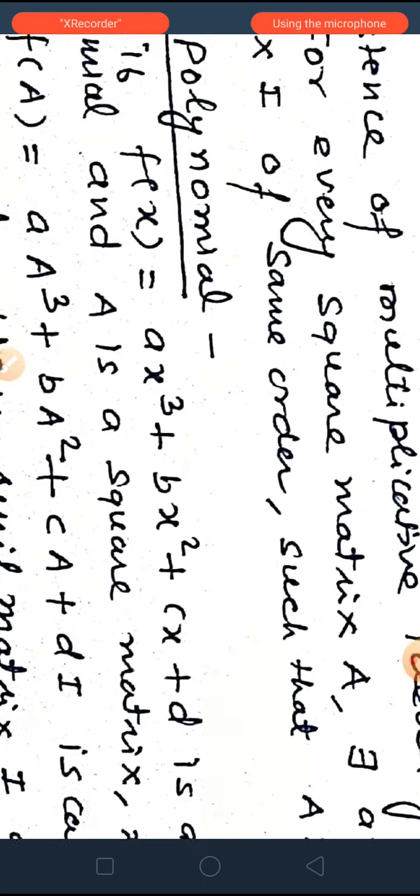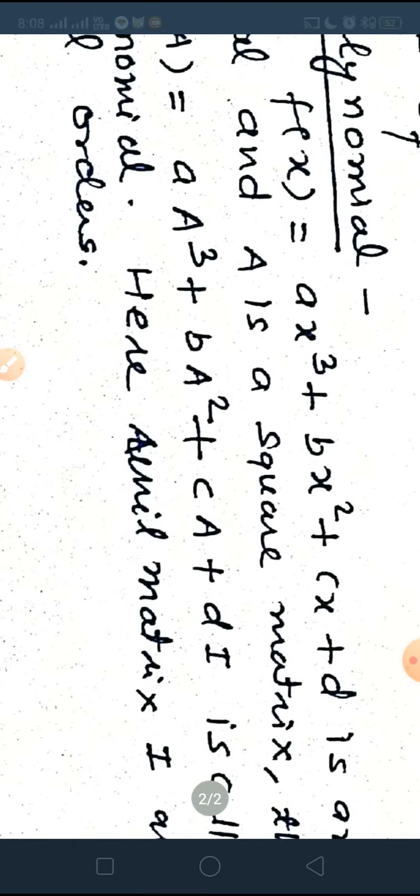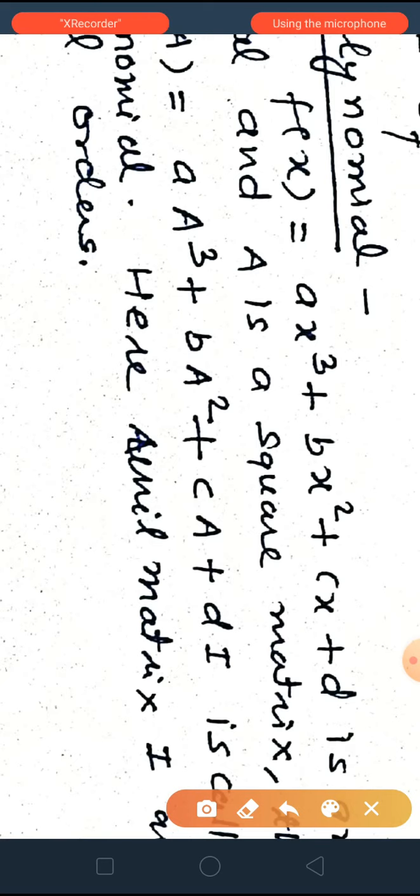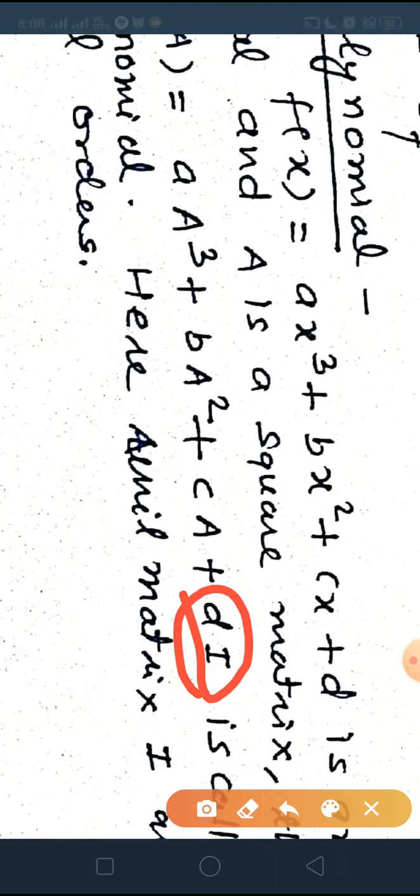Here the unit matrix I and A are of equal orders, meaning the order of I and A must be equal. We can say that we choose I of the same order as A. Important thing is that here it is written as dI, but in the question it is simply d. But when you write a matrix polynomial, you must write I as a multiple of the constant.